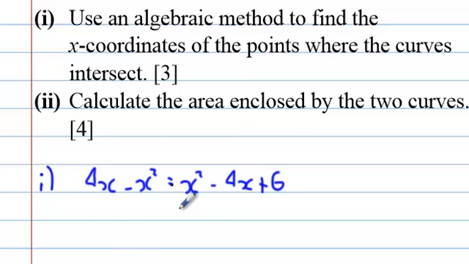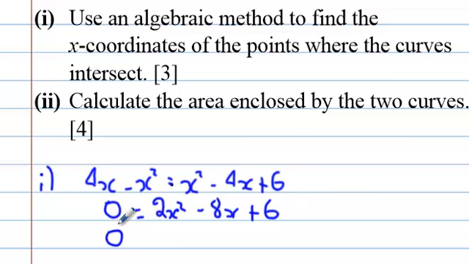If I collect terms to the right, so I'll add x squared to both sides, subtract that 4x, we'd get 0 equals 2x squared minus 8x plus 6. All of those are multiples of 2, so just to make things easy, I'll divide through by 2 at this stage.